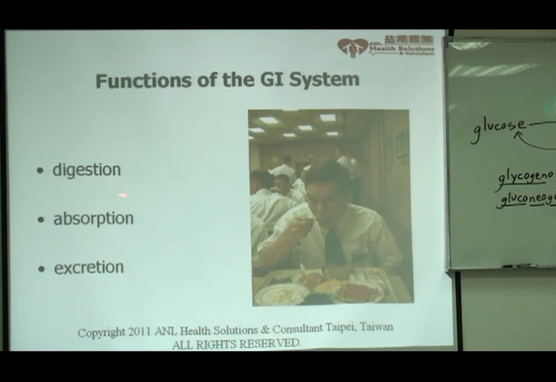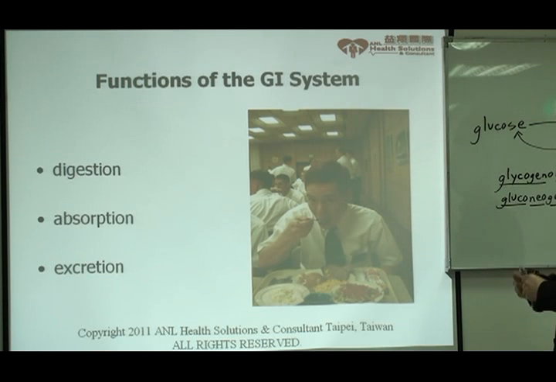Second function is the absorption of the products of digestion into the blood. Lastly, excretion of the unabsorbed material. Not everything that you eat will be absorbed, so those that cannot be absorbed will be put out.